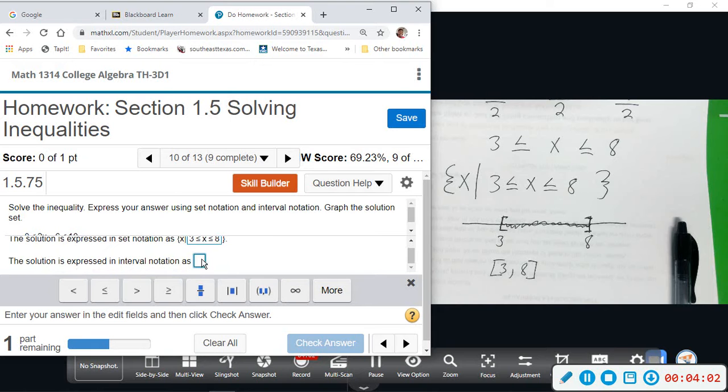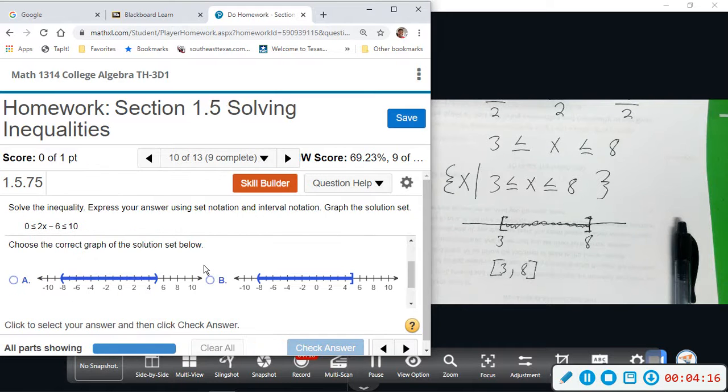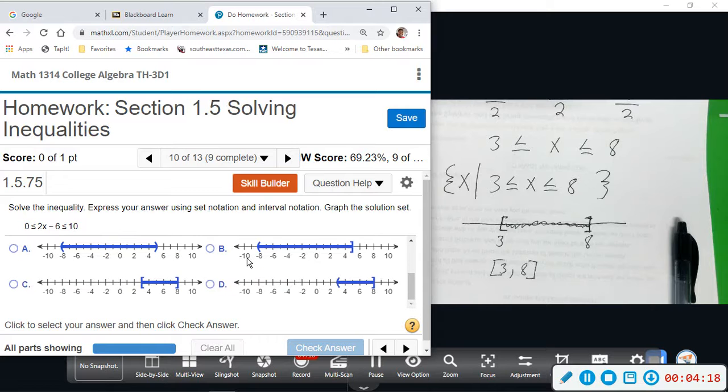And then interval notation, square bracket 3, comma 8, close square bracket. And then graphing it on the number line, we're looking for brackets between 3 and 8. And C is the only one that has brackets on both sides.